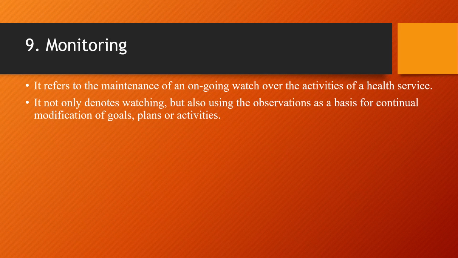It is said to be the process data. What is the output data? The services or goods that are provided for the target population that has been served is said as the output data. So in monitoring, the entire process of the steps in planning is shown with the basis of a continual modification of the plans or activities or goals that should be achieved.